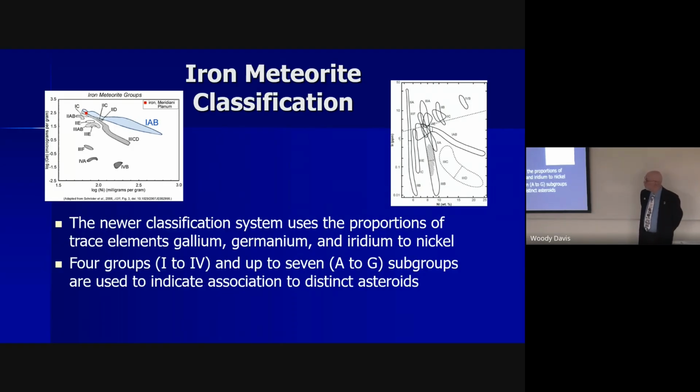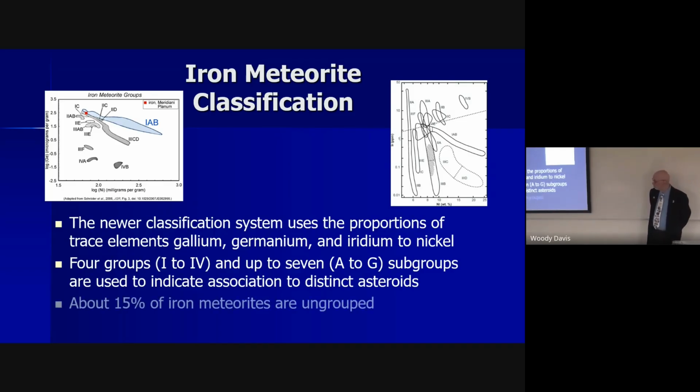So it gets pretty complex, and you can see it illustrated by these diagrams here as they do various sorts of cluster analyses to figure it out. And then even with that, about 15% of iron meteorites are still none of the above, so they're called ungrouped.